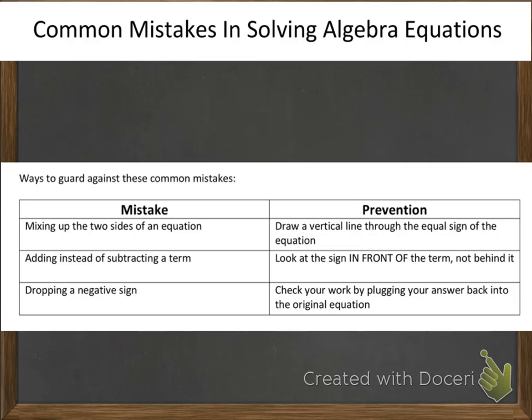So to sum up, there are 3 common mistakes that I see all the time when I'm grading algebra equations. The first one is mixing up the 2 sides of the equation. The best way I know to guard against this is to draw that vertical line before you start doing any math. The second common mistake is people add something instead of subtracting it when it's already positive.